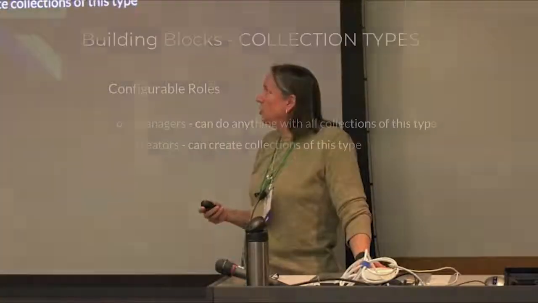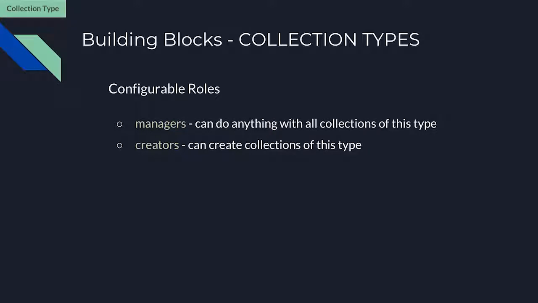So the last part that you can configure is a certain set of roles that apply at the collection type level. And that is a manager and a creator. In this case, the manager can affect all things about collections of that type, and the creator can create collections of that type.